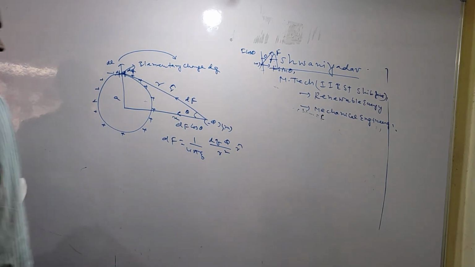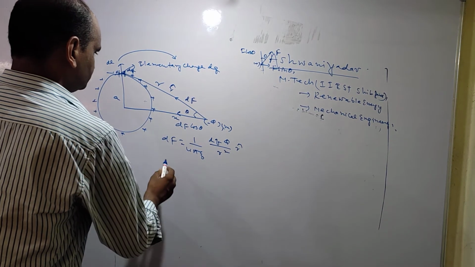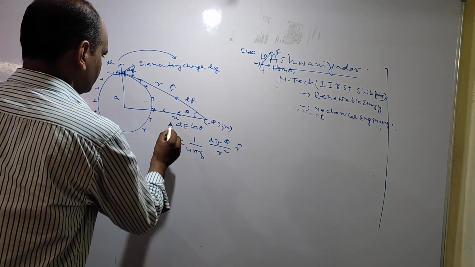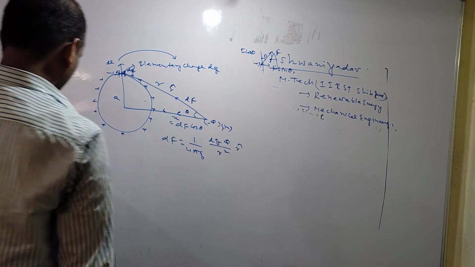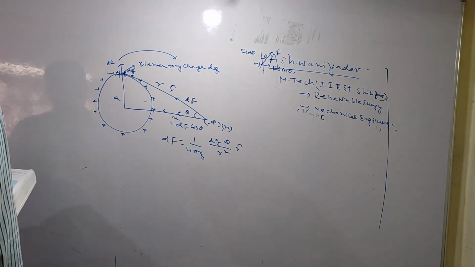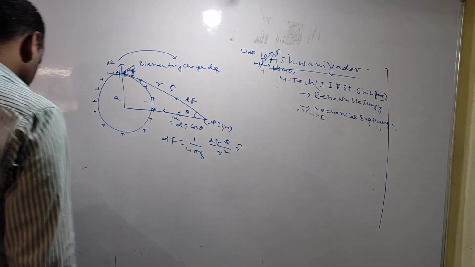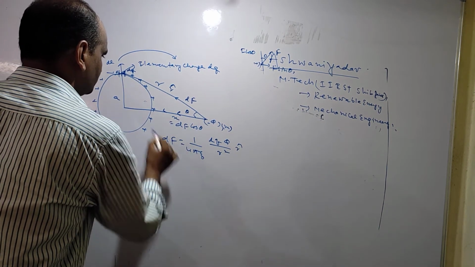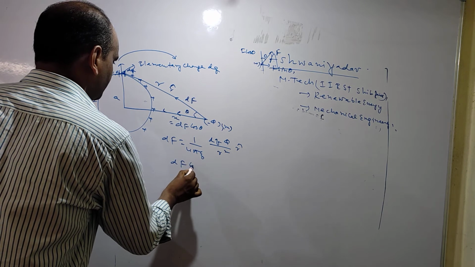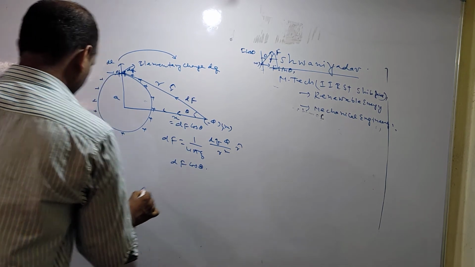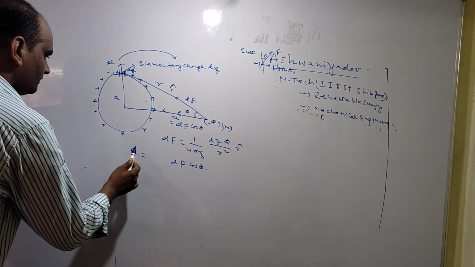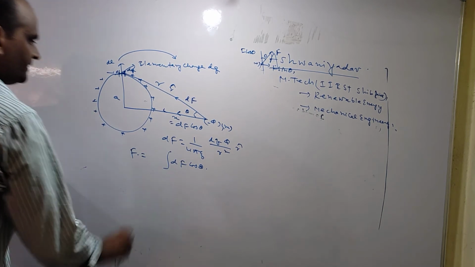This much force is dF cos theta. This will give the oscillating force F on integration.